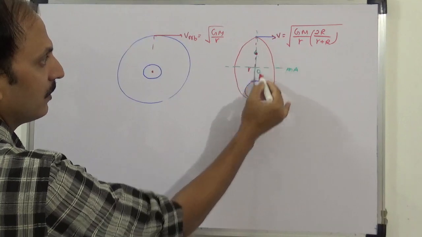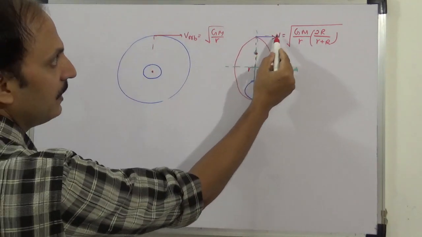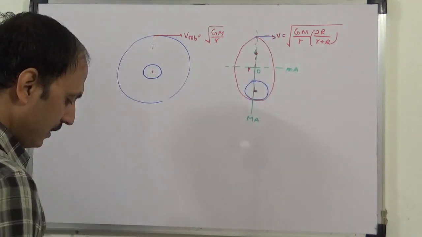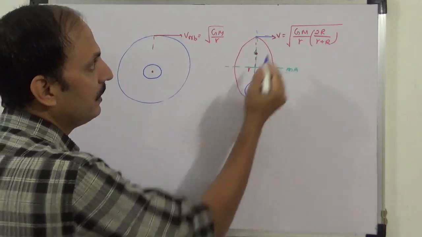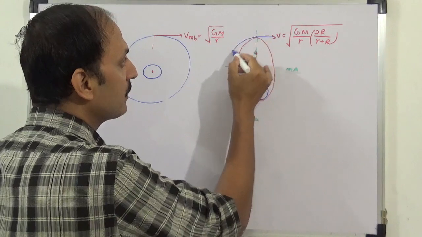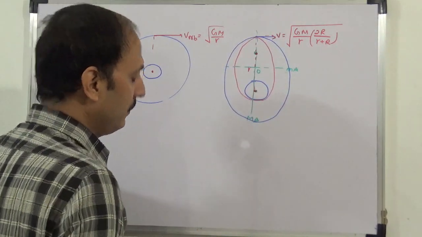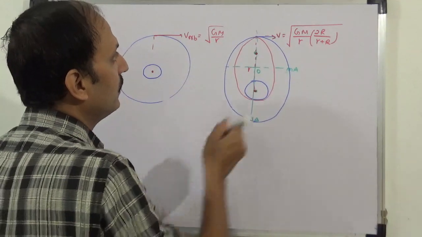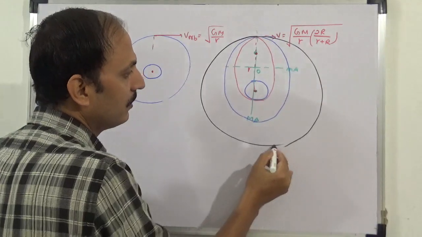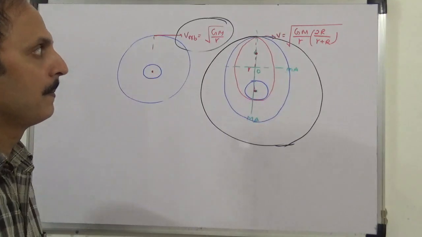It is called near focus, it is called far focus. So earth will be the far focus. As this v increases, it is going to increase its trajectory like this. Again, if you increase the velocity, for some velocity it is going to execute the circle, and that velocity will be this v orbital.